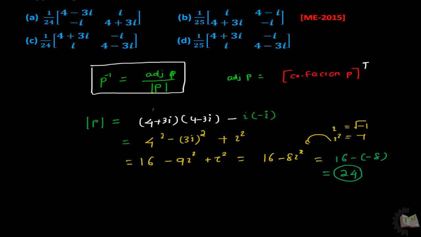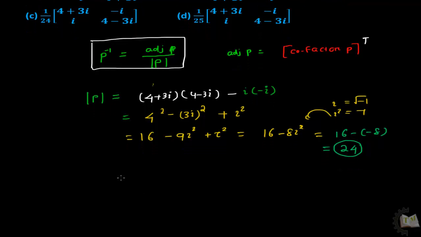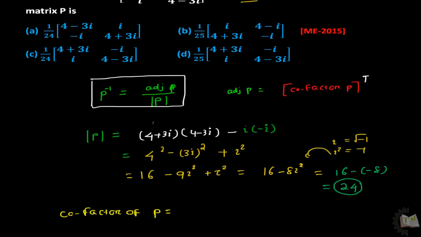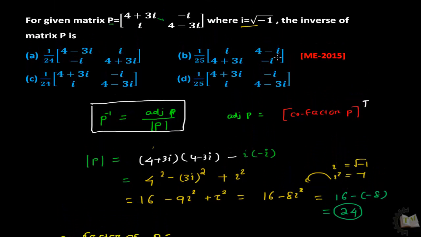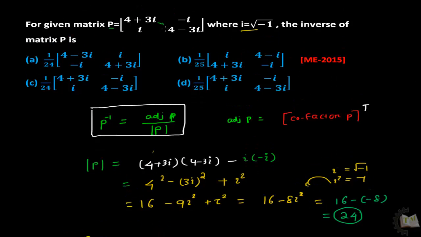Then we have to find the adjoint of P, the transpose of the cofactor of P. How to calculate the cofactor of P? It is very simple. Cofactor of P is, write down, just interchange the elements, because it is a square matrix, not very complex like a 3 cross 3 matrix.